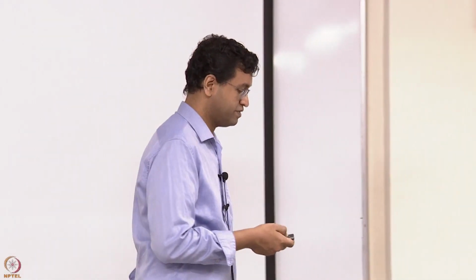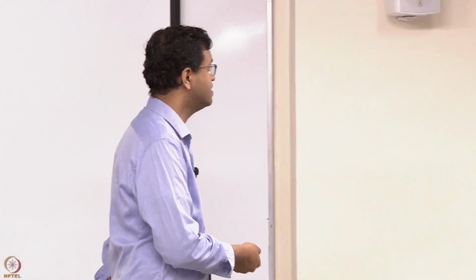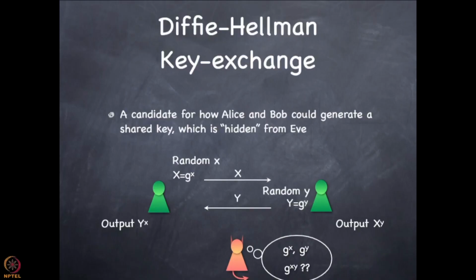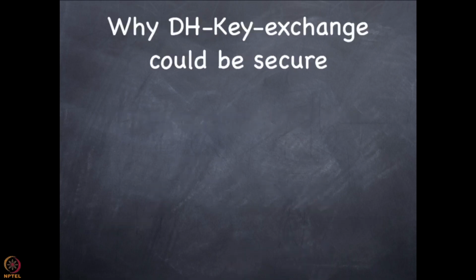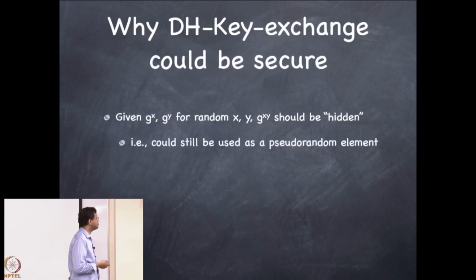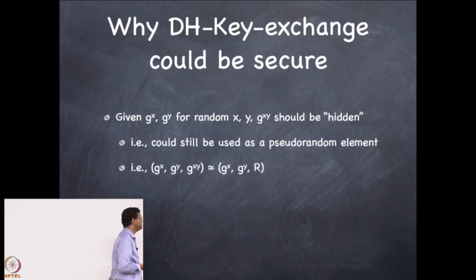Now we need to see when this last thing is going to work. Given g to the x and g to the y, maybe you can compute g to the xy, or maybe you can learn something about g to the xy. We don't want it to be revealed, so we want it to be pseudo-random.